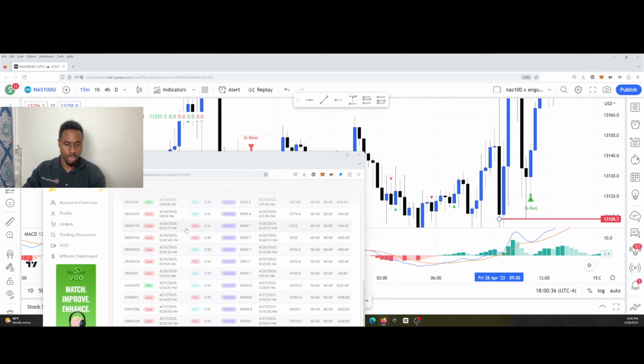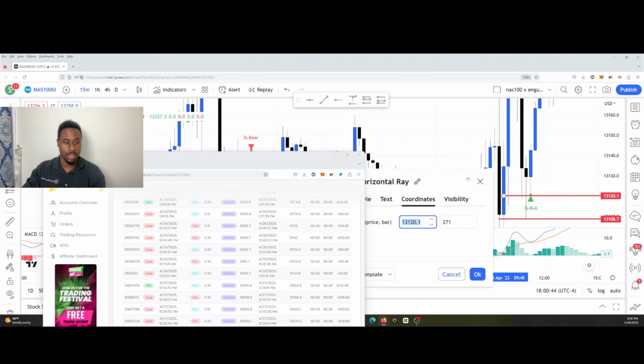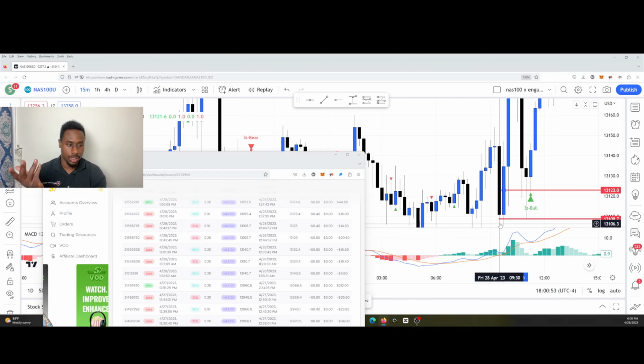I entered more to the downside, and then I got stopped out on this reversal candle. I'm 100% sure, I don't even have to look at the charts to know that. That's 13,123 flat out, right? As it reversed, it knocked me out. This is just something that happened.